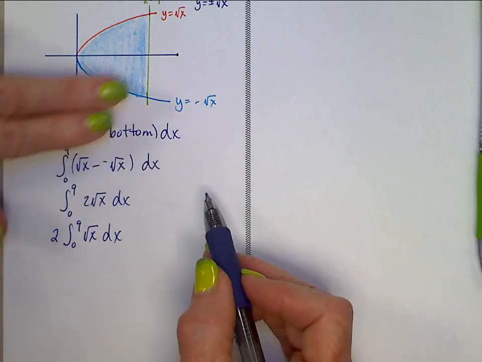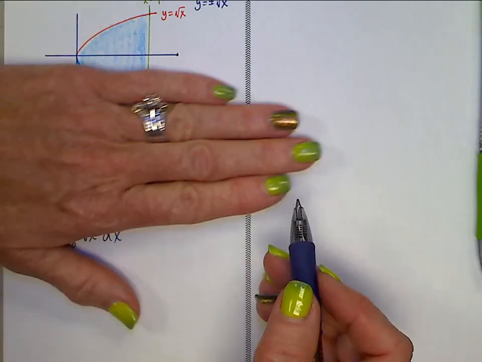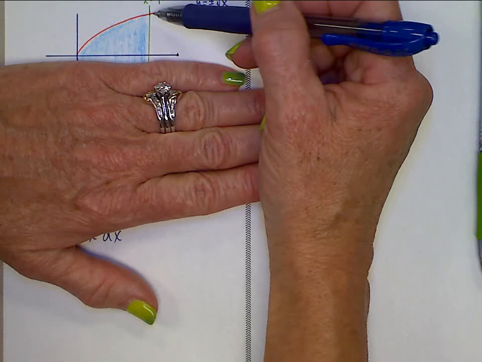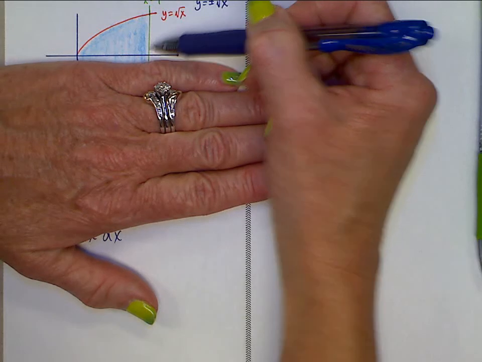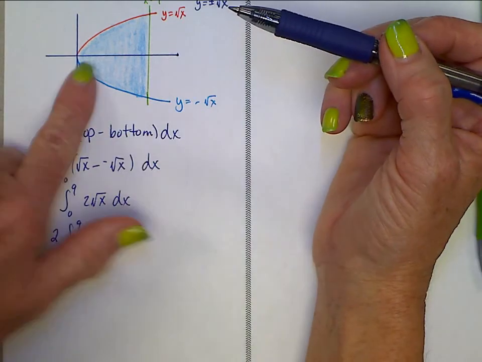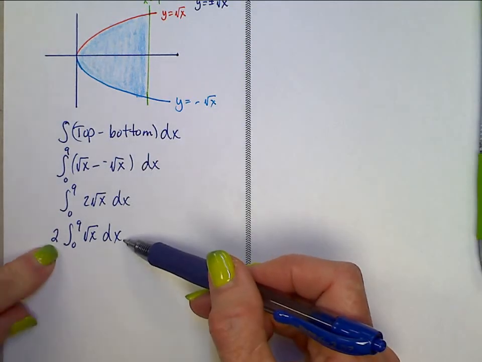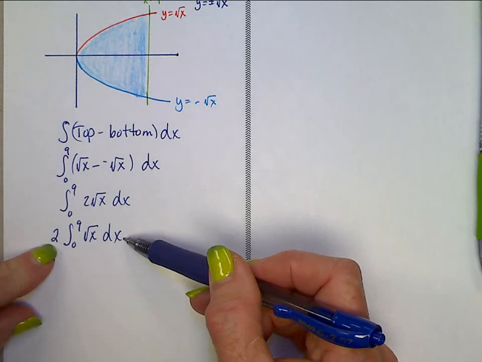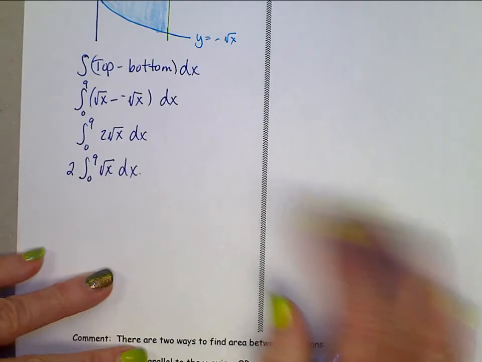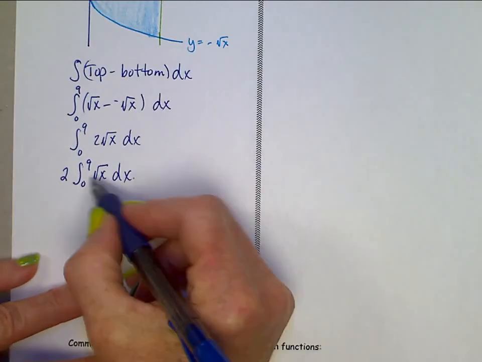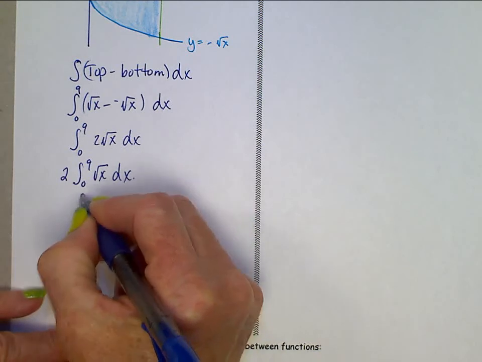If you notice the symmetry in this graph, we could just find the area underneath y equals the square root of x and then double it to get the bottom half. That's what this says. If you see that, that's perfectly fine just to jump right to here. Plugging on through on this one, we're going to have to change this to be x to the half first.